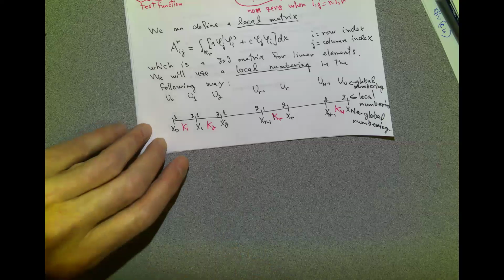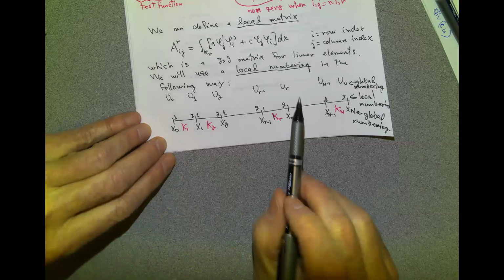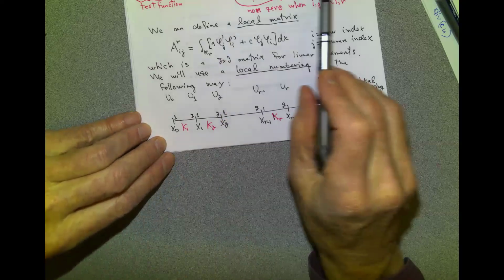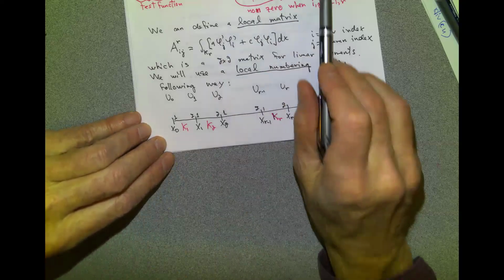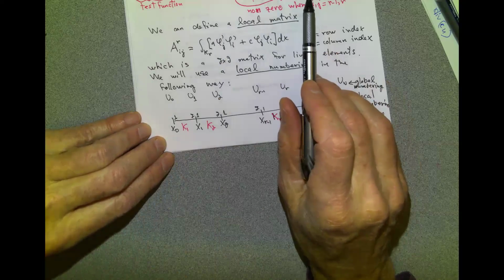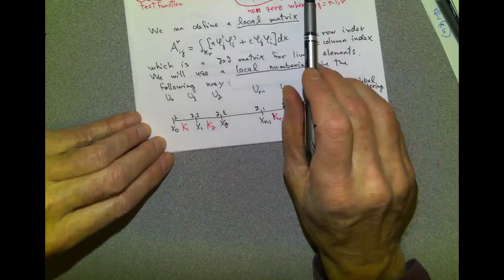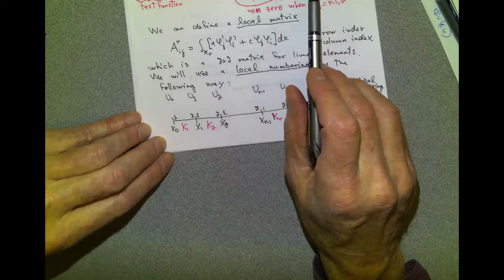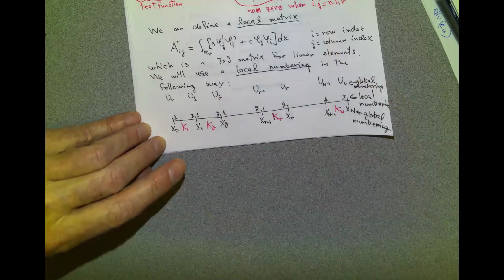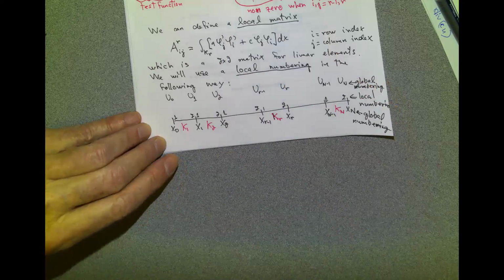Now, why I'm going this way, and this is where I'm going to stop because I'm over time. My matrix is non-zero. This little matrix is non-zero on the element k_r. So I'm going to calculate the matrix on the element k_r using the local numbering, and then I'm going to transfer the information in the global matrix.